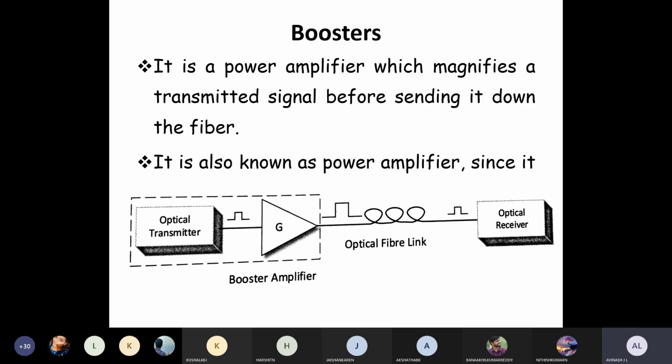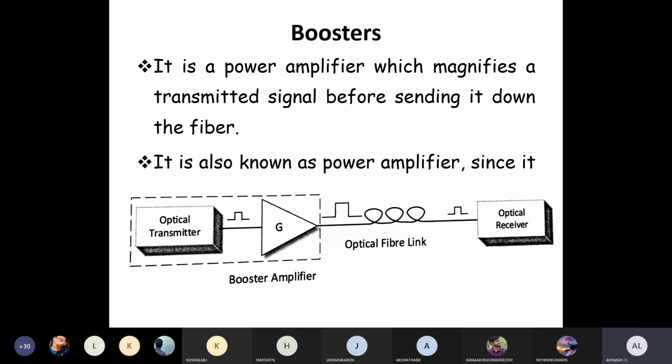Once the intensity level of the light is increased, the energy level, or signal strength, will be increased. We are sending that increased signal level to the optical fiber link.